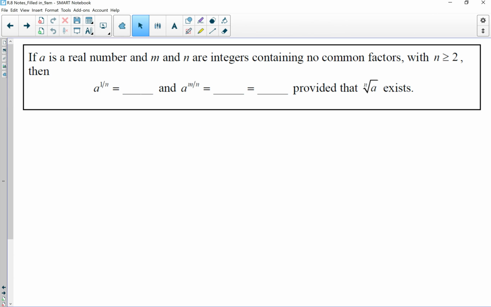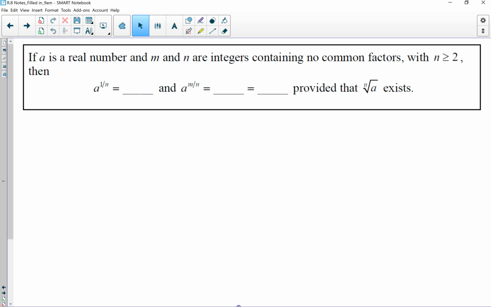All right, and then the last thing we want to talk about in this section is how we can rewrite our roots as fractional powers. So I mentioned a little bit in class how a root is the same thing as a power, but we'll be very formal in explaining and defining that right now.